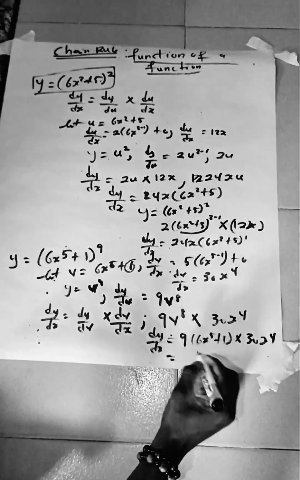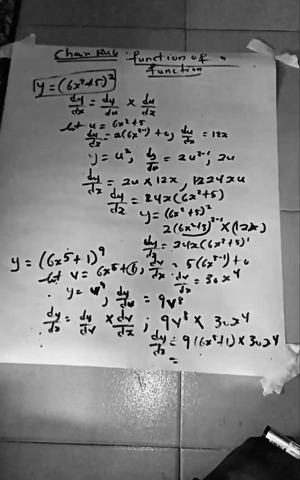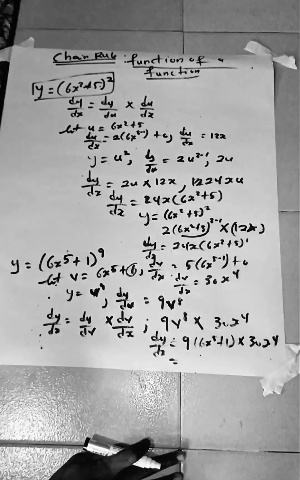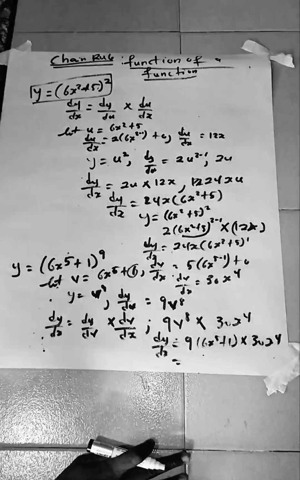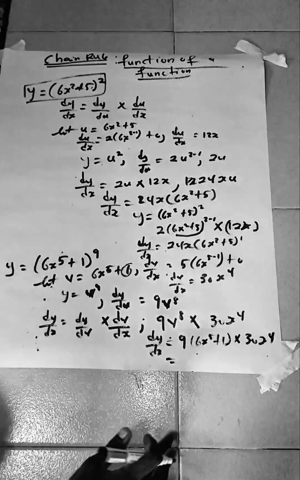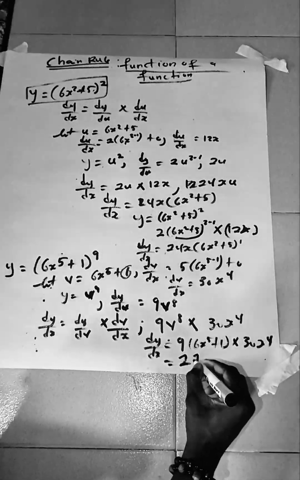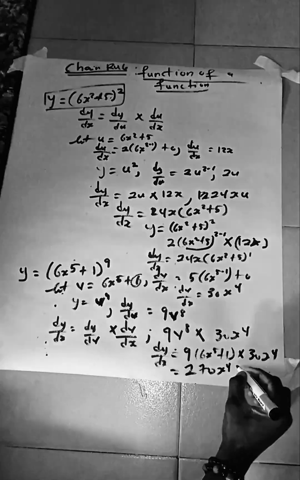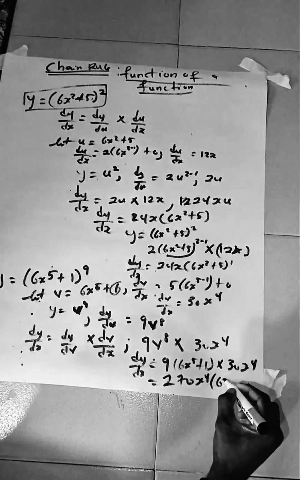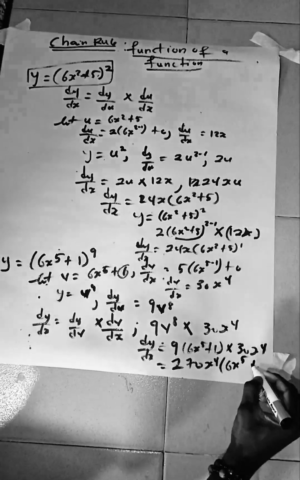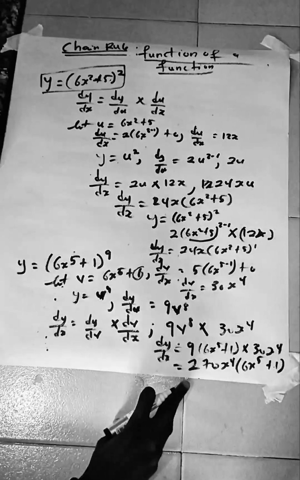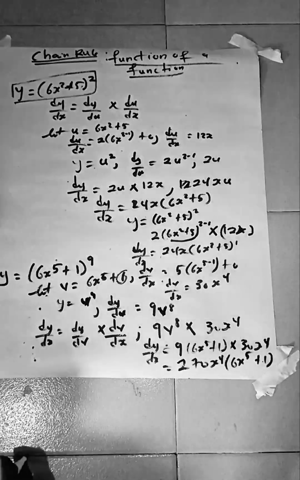So let's simplify this. 30 times 9, that is going to be 270. So we have 270x raised to the power 4 multiplied by 6x raised to the power 5 plus 1. You could either choose to expand or leave your answer like this.